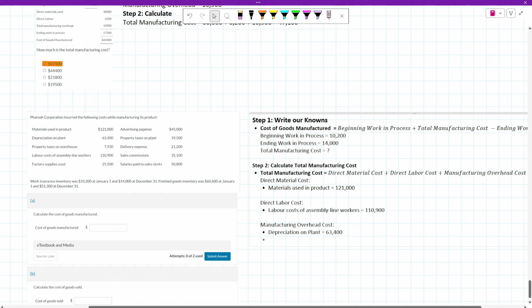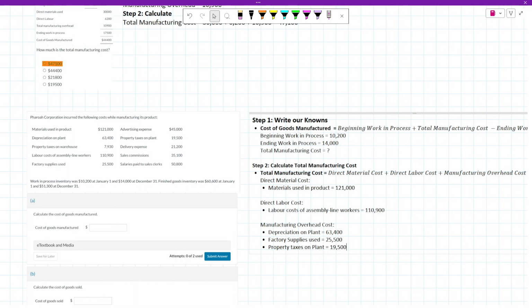Next, we're going to find our factory supplies used, which is equal to 25,500. And then last, we have our property taxes on the plant, which is equal to 19,500.